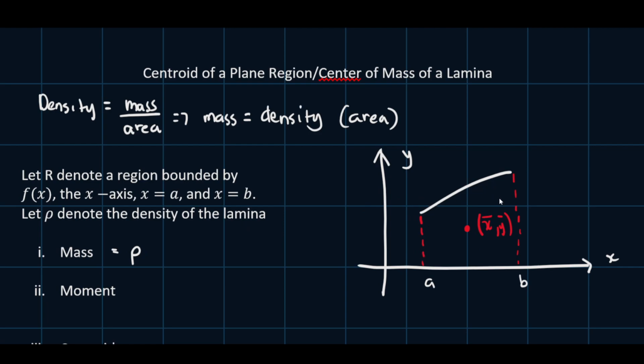Pero yung area ng region na to, na-discuss na natin nung first quarter kung paano kuhanin ang area ng plane region using the concept of integrals. So the area of R is actually the definite integral from a to b ng f of x dx.